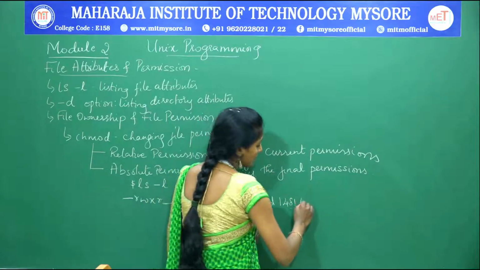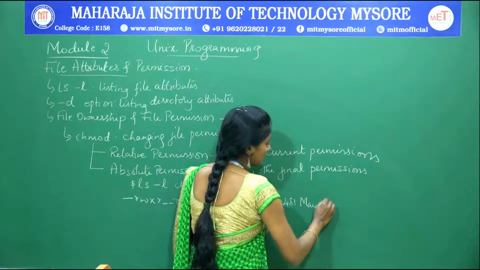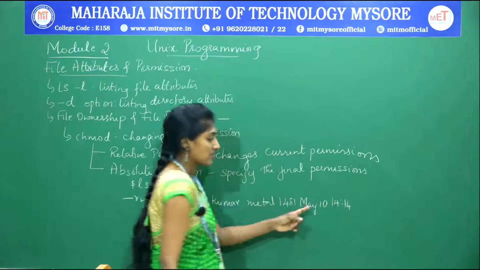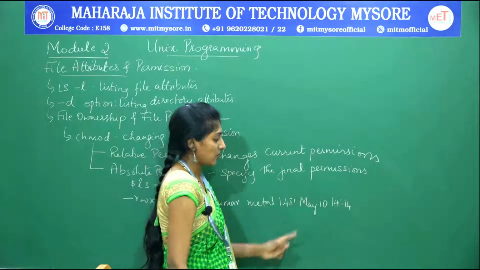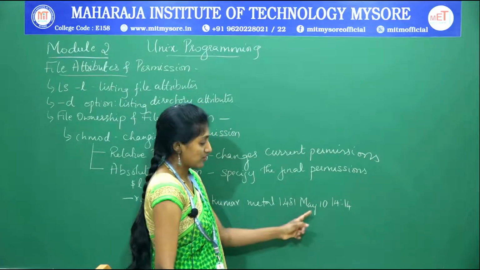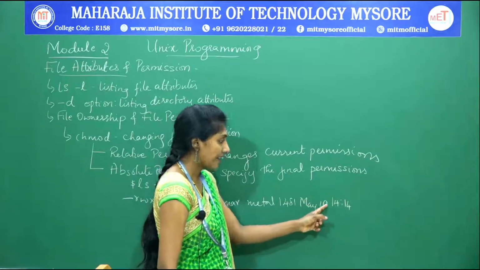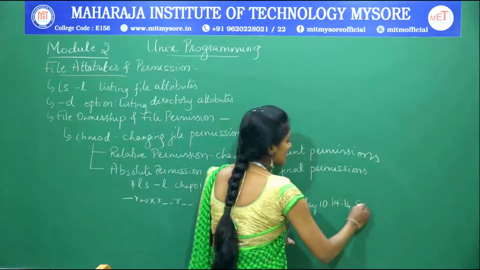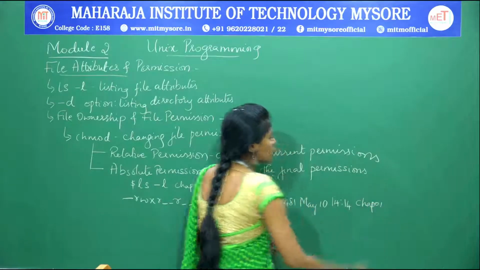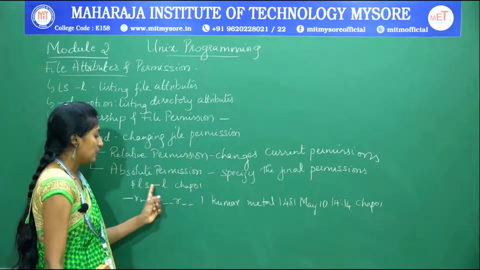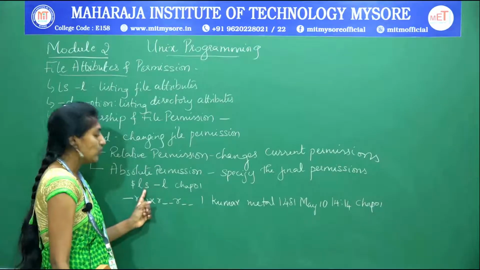Next it displays the last modification time, in the 6th, 7th and 8th columns. These 3 attributes display the last modification time, which includes the month, day and time, and lastly the file name. This is the output if you execute ls with the option -l for any file.